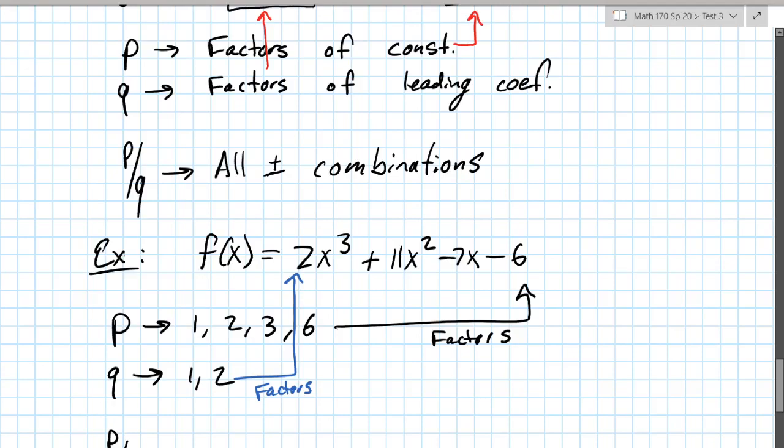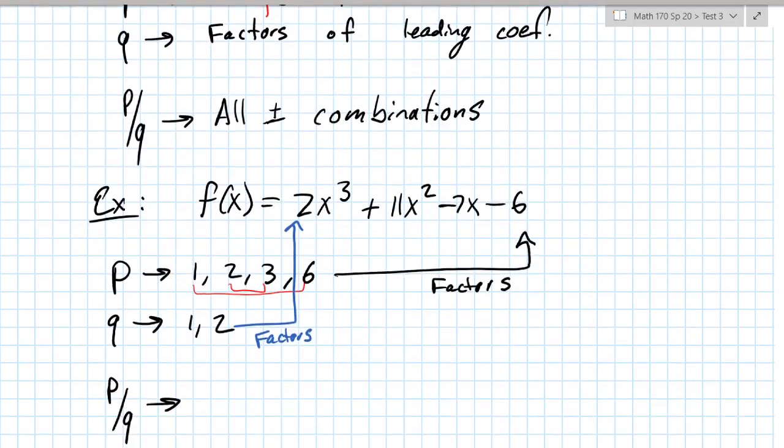The factors of the constant term are 1, 2, 3, and 6. So 1 times 6, 2 times 3, both multiply up to 6. And then the factors of the leading coefficient are just 1 and 2.